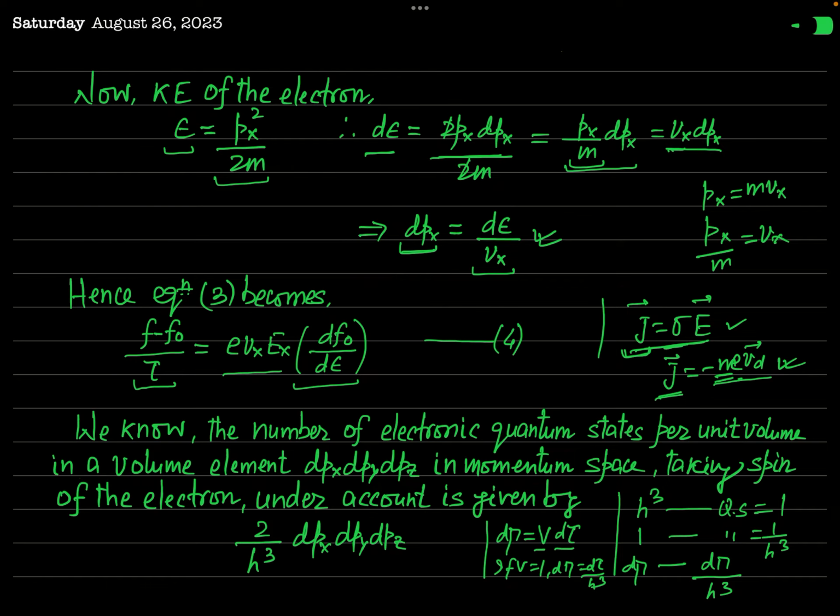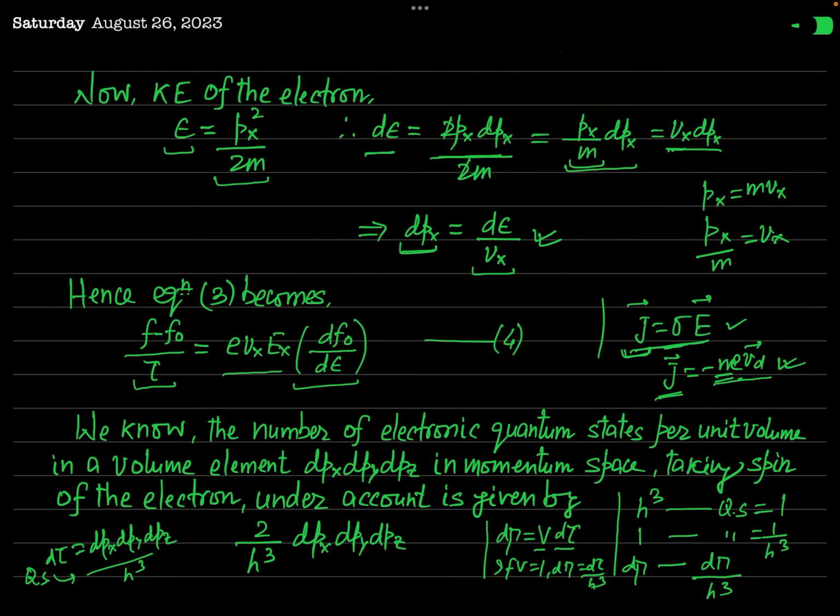If you consider a volume element in momentum space, then this d tau will be equal to dpx into dpy into dpz. When you divide it by h cube, you get the number of quantum states.